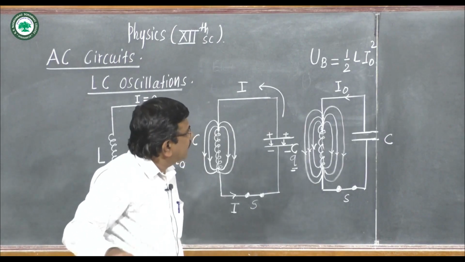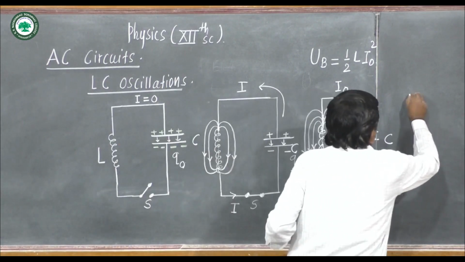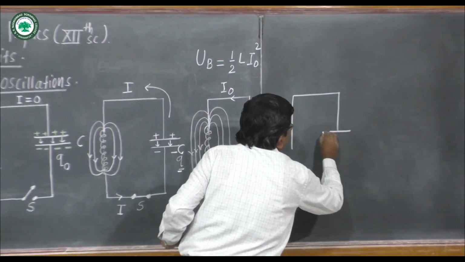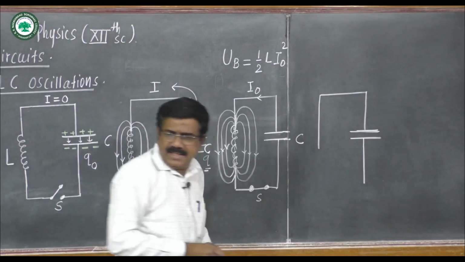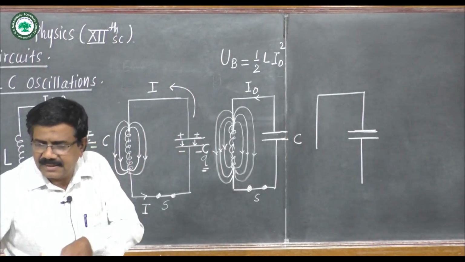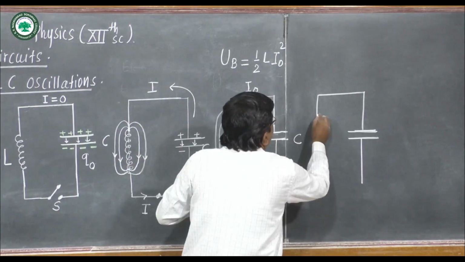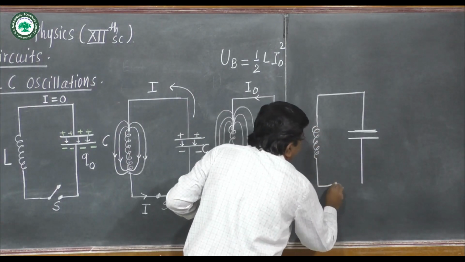What happens? We see the next diagram, or next figure, like this. Suppose this is a capacitor. Here there is an inductor. Again this switch S is closed.